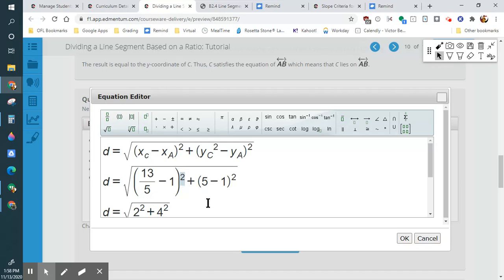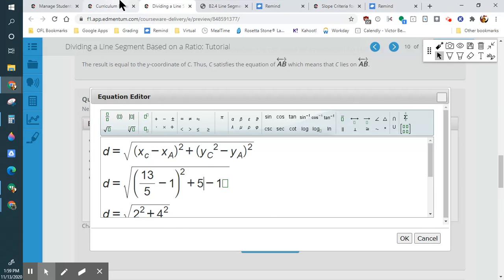I'm pretty sure if I uppercase it from here, it should work. Control up. Yeah, there we go. Downside to writing your own parentheses in Edmentum is this won't end up working.